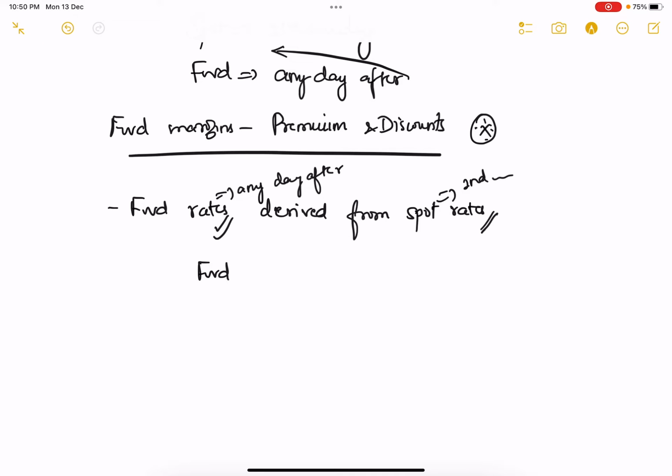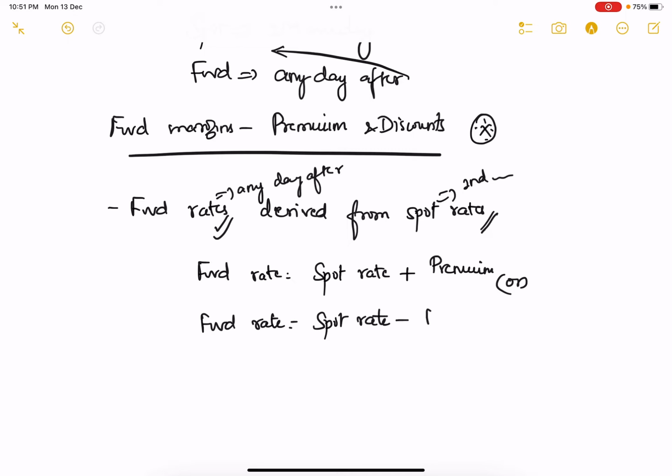So depending upon whether it is a premium or a discount, forward rate can be written as spot rate plus premium, or forward rate is spot rate minus discount.